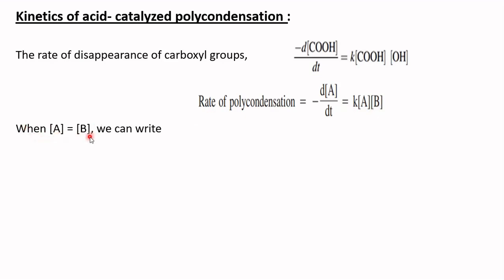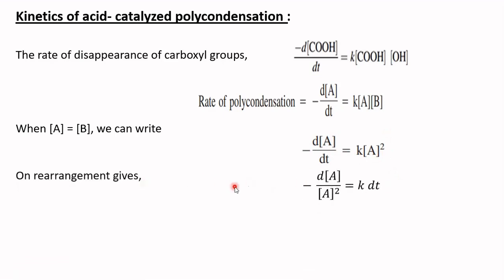When A is equal to B, the concentration of acid becomes equal to the molar concentration of B. Then we can write minus dA divided by dt is equal to K into concentration of A to the power 2. On rearranging, you will get minus dA divided by A square is equal to K into dt.